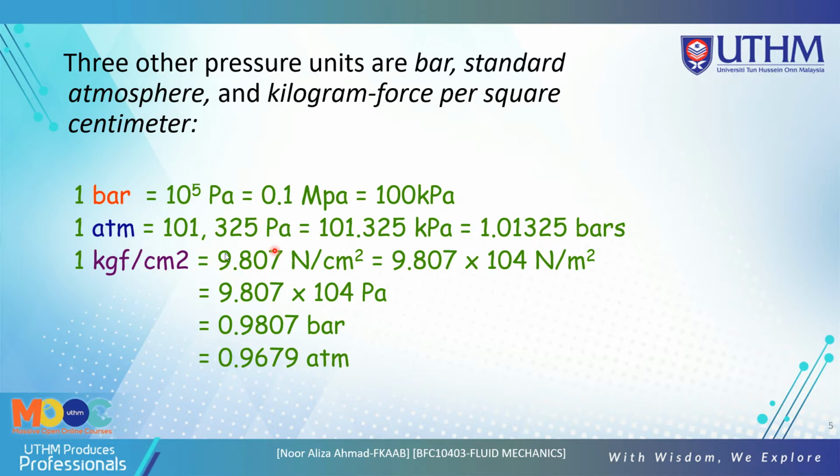Using 1 kilogram force per centimeter squared is also in Newton per centimeter squared, and you can convert to Newton per meter squared, Pascal, bar, and atmosphere. So this is the conversion unit, from bar to kilopascal, from atmosphere to bar, and so on.